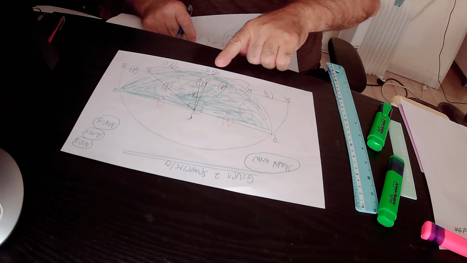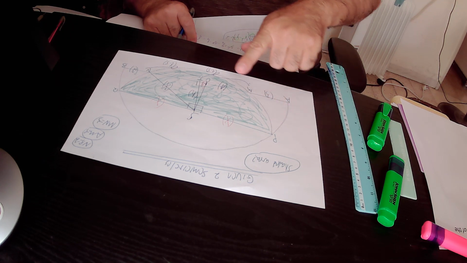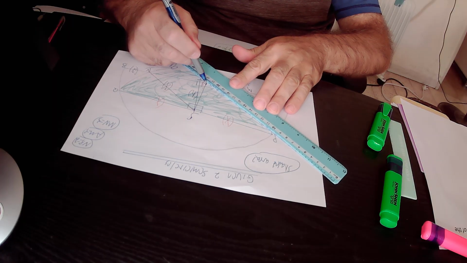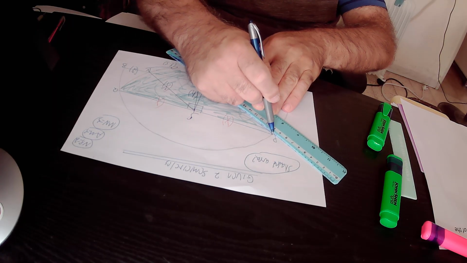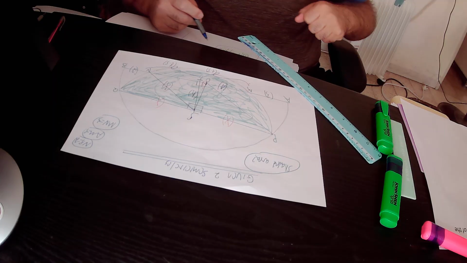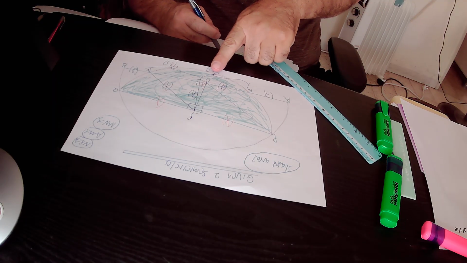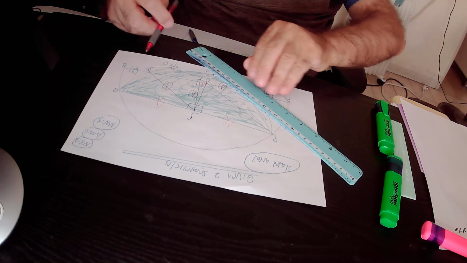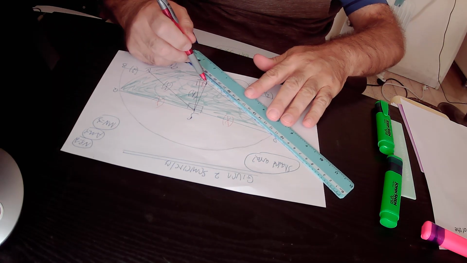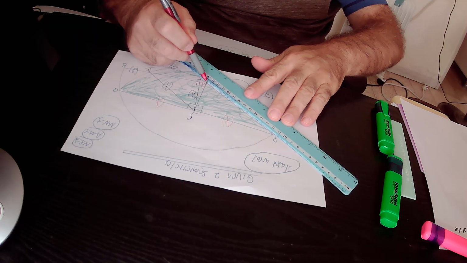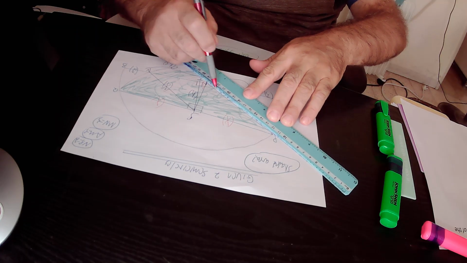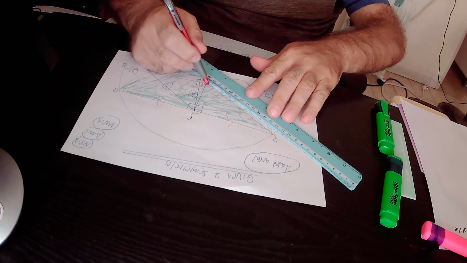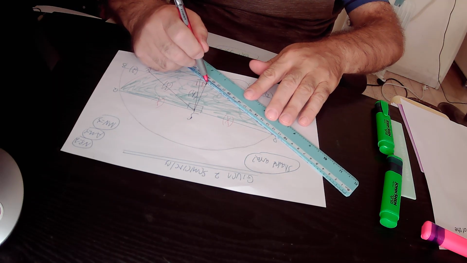In the next step, we will join points O and P together by a straight line. Point O is the center of this big semicircle, point P is a point on the big semicircle itself. Therefore, OP is the radius of the big semicircle, and it equals 4, according to what we already found out.